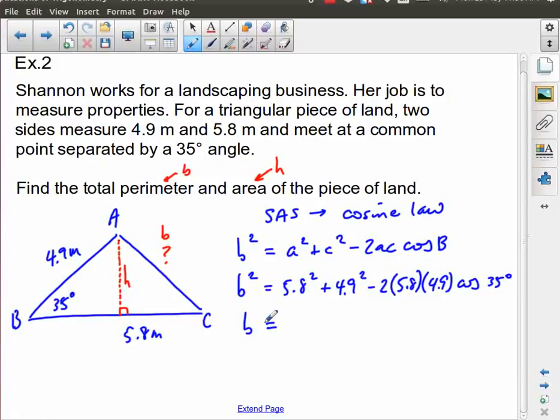That is equal to approximately, I'll put it in here just in case you're following along, 11.0894. That's rounded to 4 decimal places, but I'm going to take the square root of the number I just got, and I end up with 3.3301, rounded to 4 decimal places.